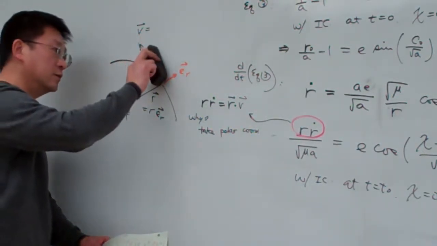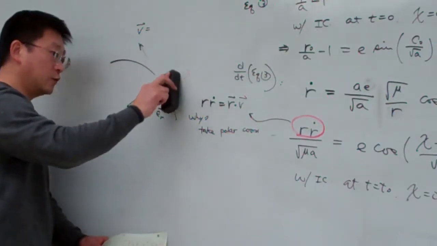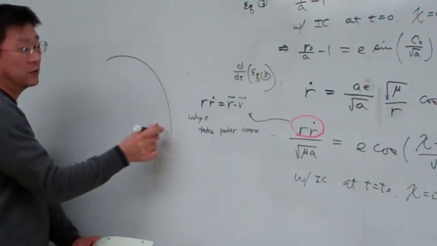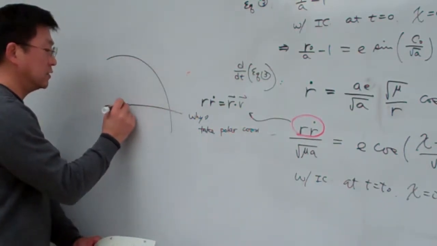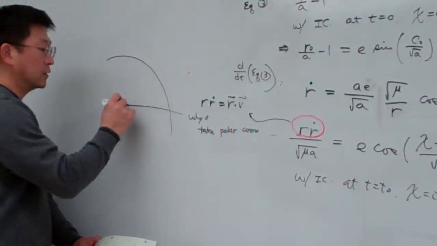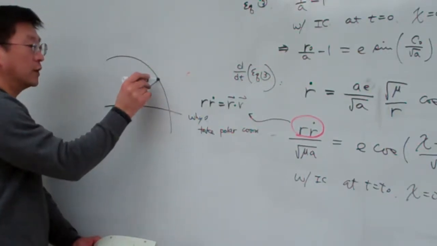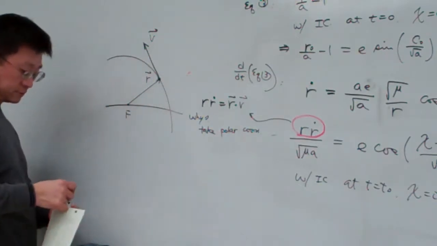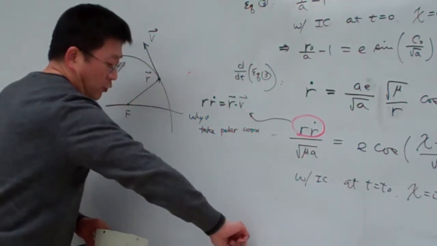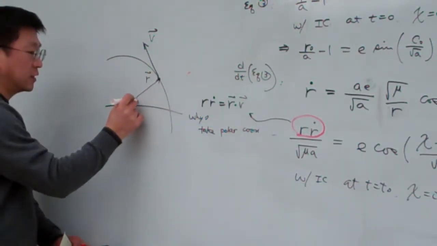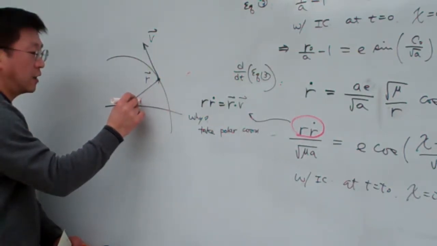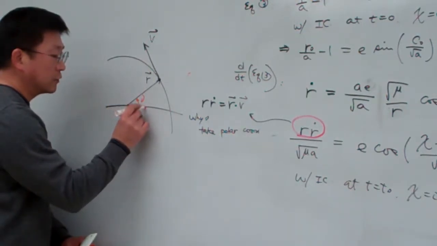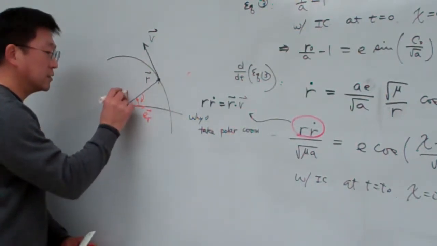Sorry, let me do it one more time. Erase this one. I put in the tangential. So this is our focus, and this is the point. This is our V, and this is our R. In the polar coordinate system, I need to check, this is our true anomaly, this is our ER, and this is our E theta.